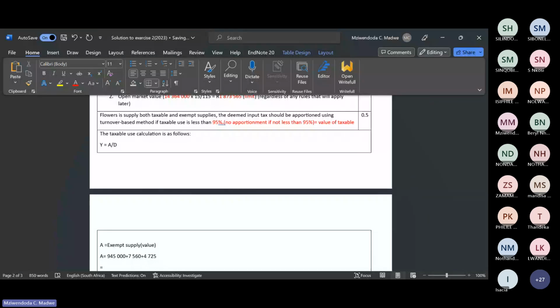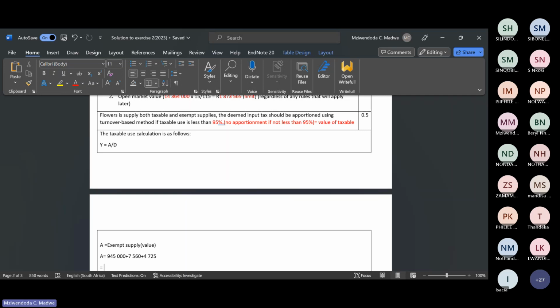We want to determine whether our taxable supply is less than 95% or not. The first thing that I suggest you do is to calculate the value of the exempt supply.